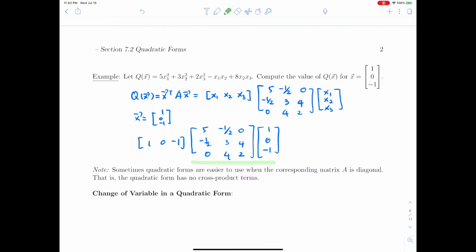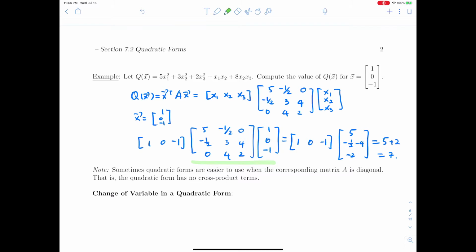If you calculate this part, we get the column vector 5, -1/2 minus 4, and -2, and this equals 5 plus 2, that equals 7.